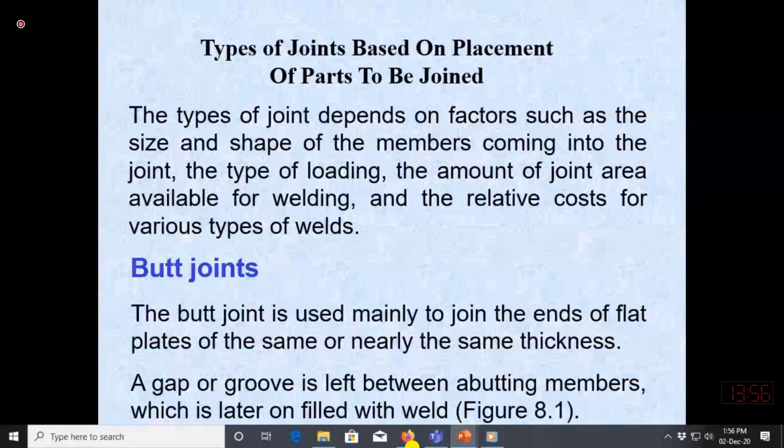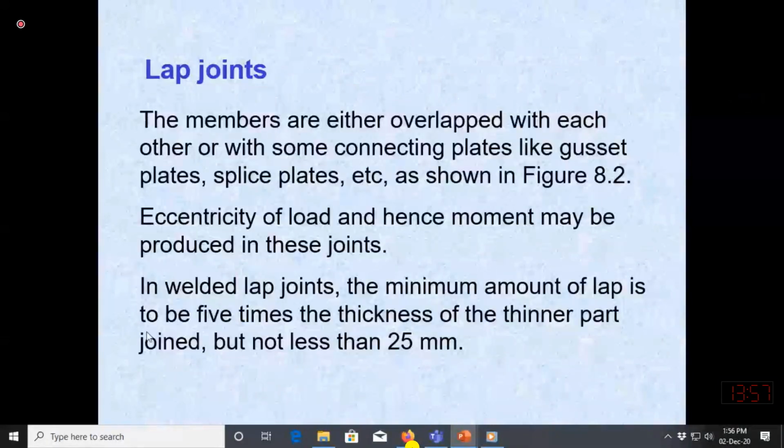You can further read from the book. In a welded lap joint, the minimum amount of lap should be 5 times the thickness of the thinner plate, but not less than 25 mm.